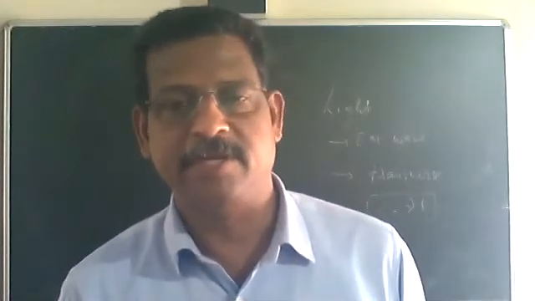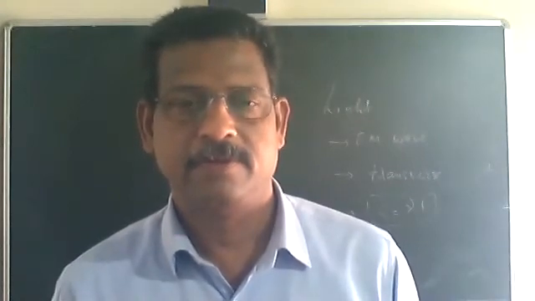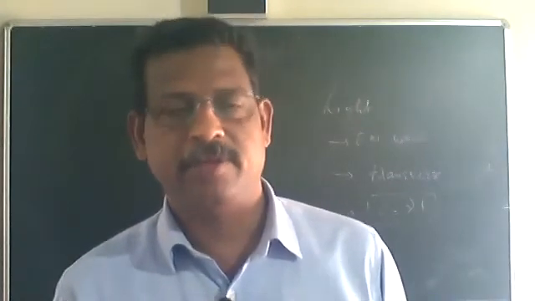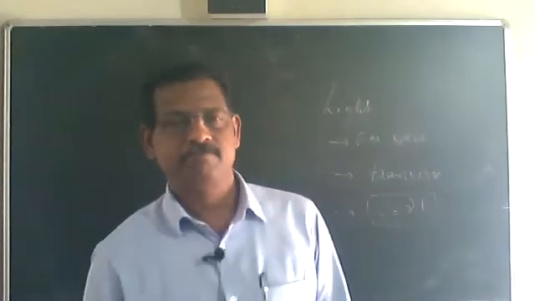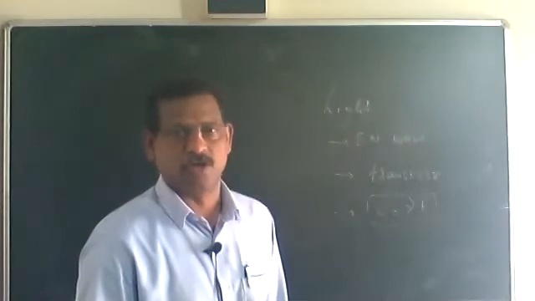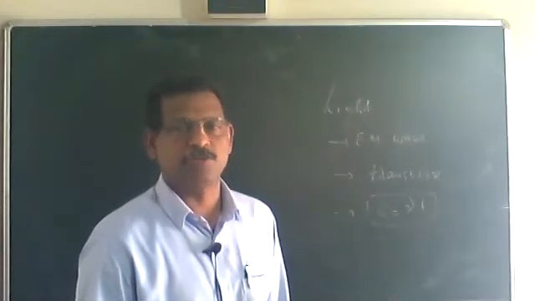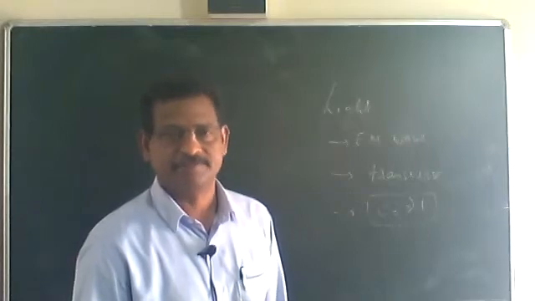As the medium changes, there will be a change in the velocity. So c equal to nu lambda, a very important relation. In a given medium, the velocity of light is constant. So there is a reciprocal relation between frequency and wavelength.